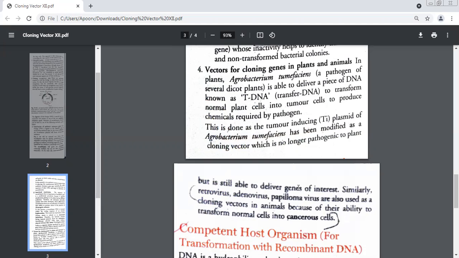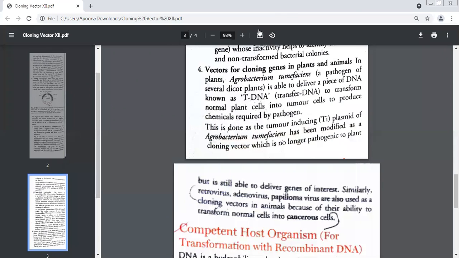What is the topic that we are reading? Vectors for cloning gene in plants and animals. This is more of a learning part, beta. I'll discuss it with you quickly. Yes, let's come back to the topic. Whatever you've done, let's read it very quickly.